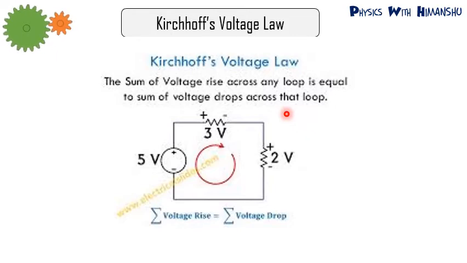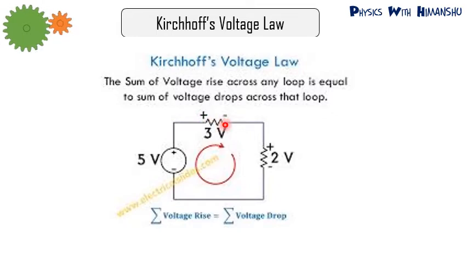Okay, now what is Kirchhoff's voltage law? So according to Kirchhoff's voltage law, the sum of voltage rise across any loop is equal to the sum of voltage drop across that loop. It means the voltage that will increase will be equal to voltage that will decrease. So in this electric circuit, the voltage is increased by battery. So battery increases the voltage by 5 volt, and voltage drop is there in resistance.